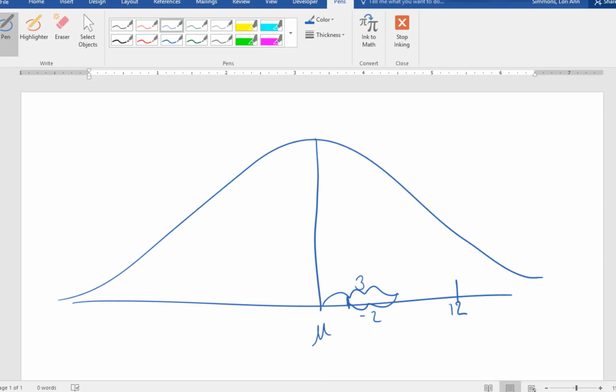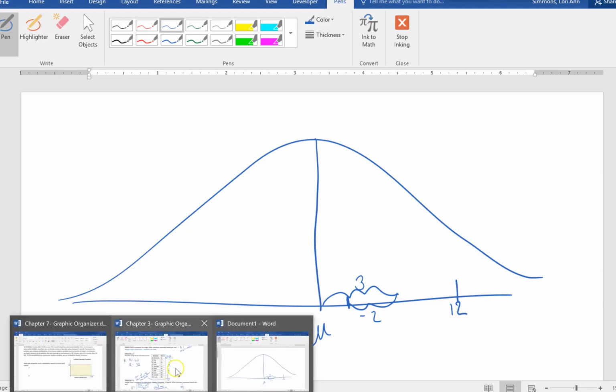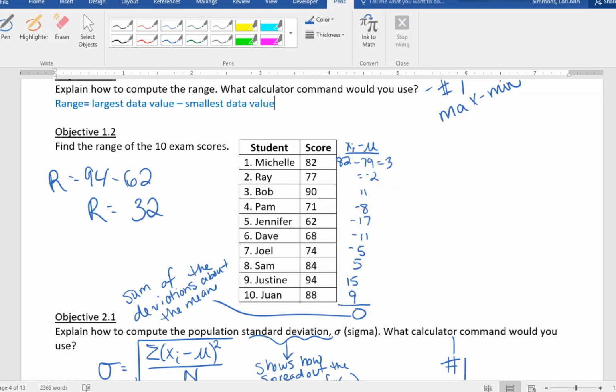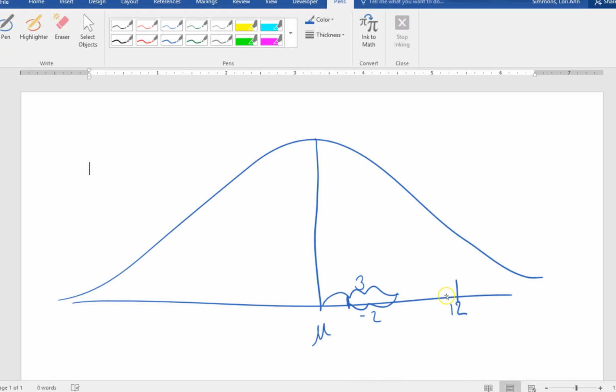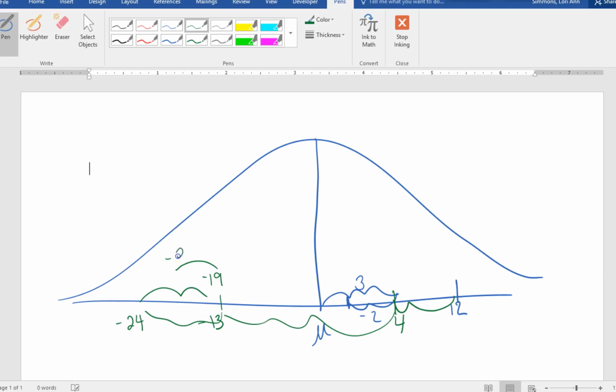And then if you go back, I'm just using these numbers, so now we're on negative 8. So negative 8 from 12 will give us 4. Then negative 17, so 4 minus 17 is a negative 13, minus 11, which is a negative 24, minus 5, sorry, so negative 24.